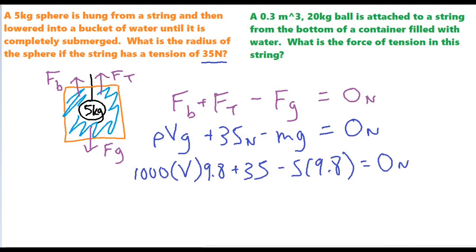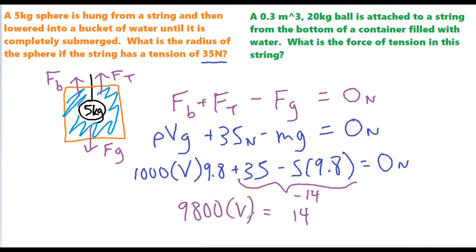So what we can do here is we can go ahead and combine these two, and we would get negative 14, which means that if we add 14 to each side, then we have 14 equal to, and then we'll take 9.8 times 1,000, and then we get 9,800 as our coefficient that is in front of the V. And then we can go ahead and divide both sides by 9,800, and then that's going to give us our volume of 0.0014.